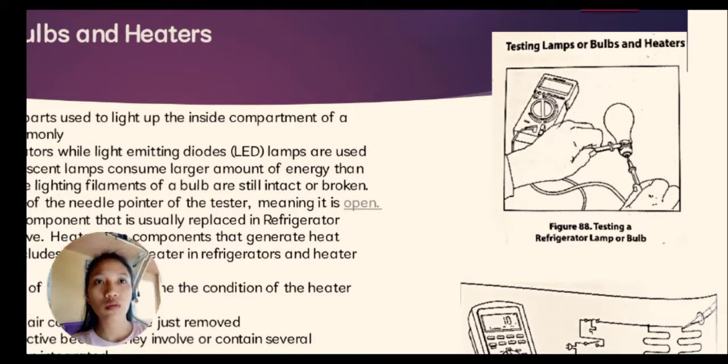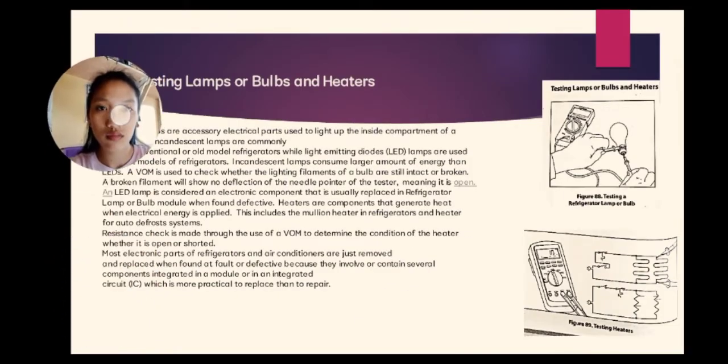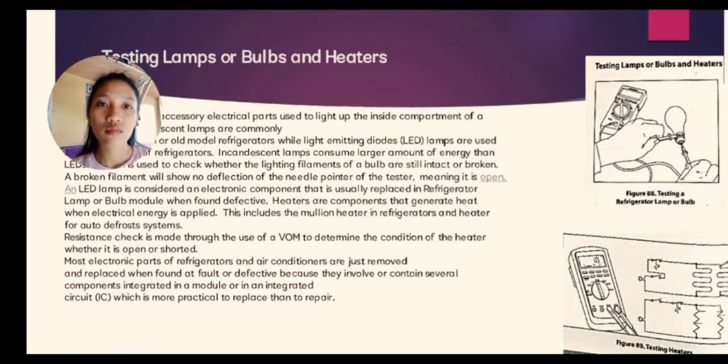Bulb model when found defective. Resistance check is made through the use of a VOM to determine the condition of the heater, whether it is open or shorted.